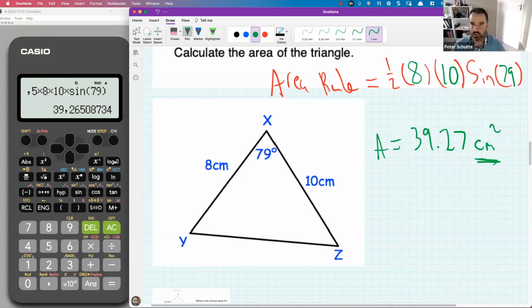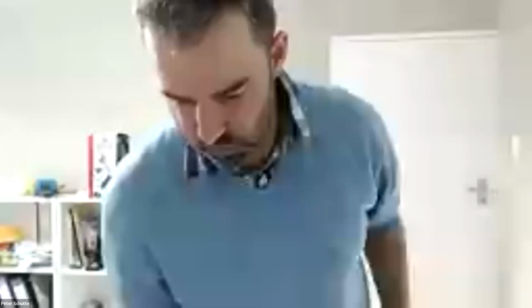So what I want to do is stop sharing and I want everybody to stand up with me, turn on your cameras, and get up and move your body a little bit. Start by just loosening up your arms, give them a little shake, shake this arm, shake that arm, shake your legs.